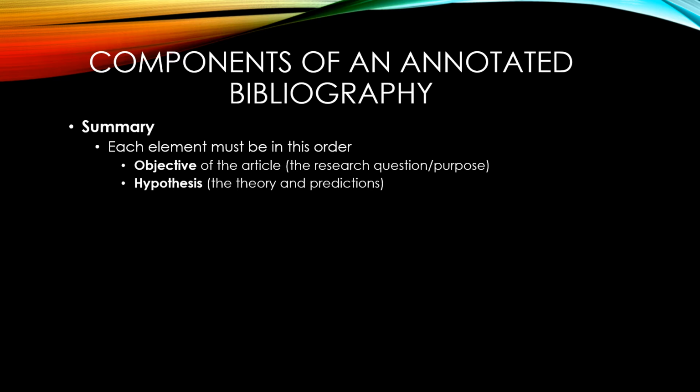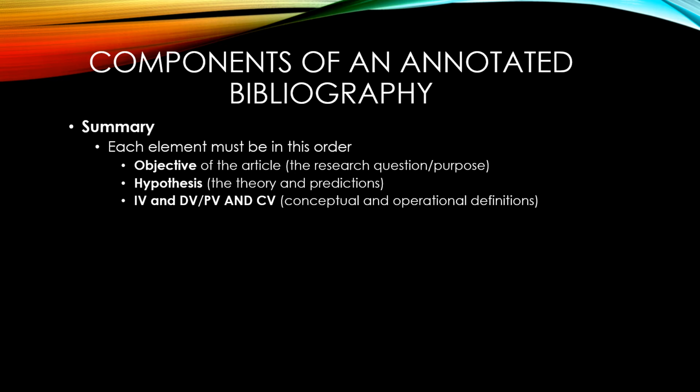Now, in some cases, you might have a literature review where they're just summarizing a bunch of different theories or results. In that case, you can skip this question, or you can choose the most relevant hypothesis to your thesis to talk about.